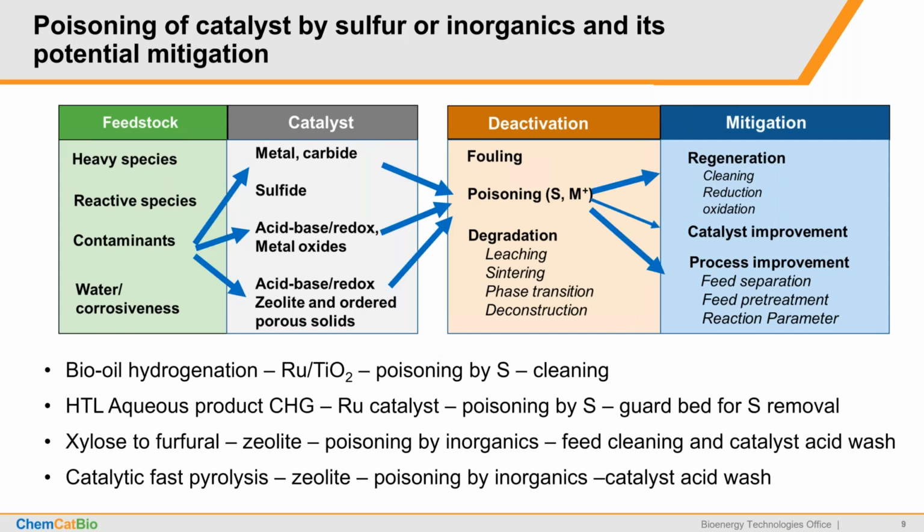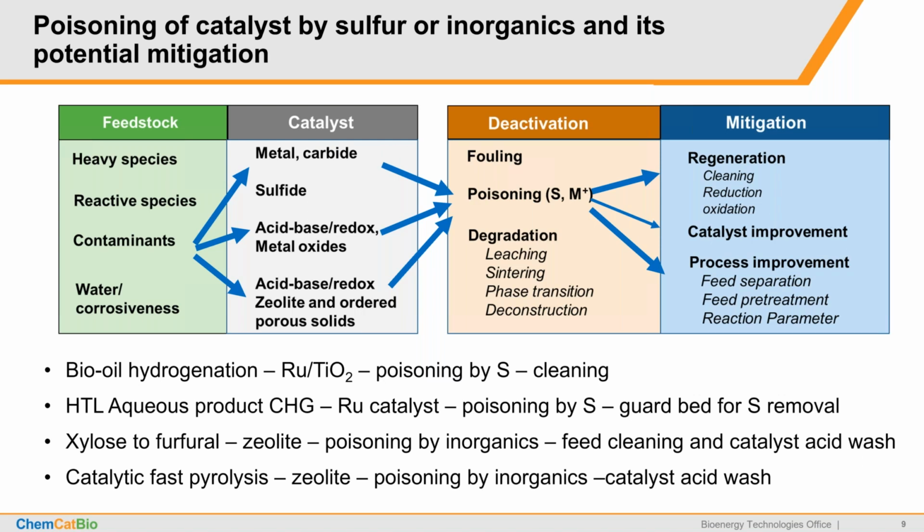The second big problem for biomass conversion regarding catalyst deactivation is contaminants. As I just listed, there are lots of sulfur- and nitrogen-containing species in certain biomass feedstocks, and also inorganics from biomass or process units. Depending on the type of catalyst, sulfur can poison metal catalysts, inorganics can poison our acid-base catalysts, and nitrogen can poison our Brønsted acid catalysts. Those poisonings will cause catalyst deactivation, and the mitigation approach can be regeneration or process improvement.